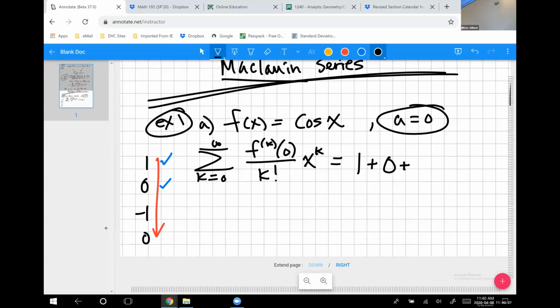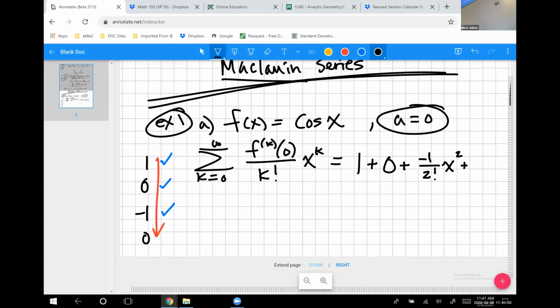Then when k becomes 2, I'm down to this one down here, so the function's derivative the second time evaluated at 0 is -1. So I have -1 divided by 2 factorial times x squared.